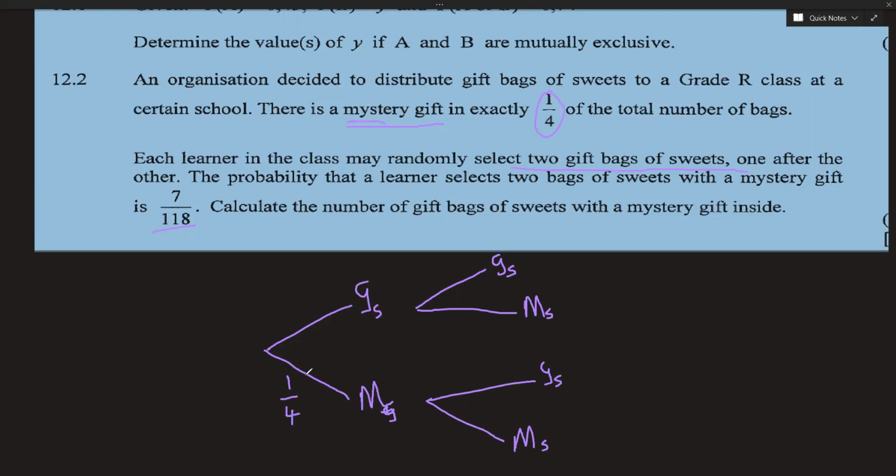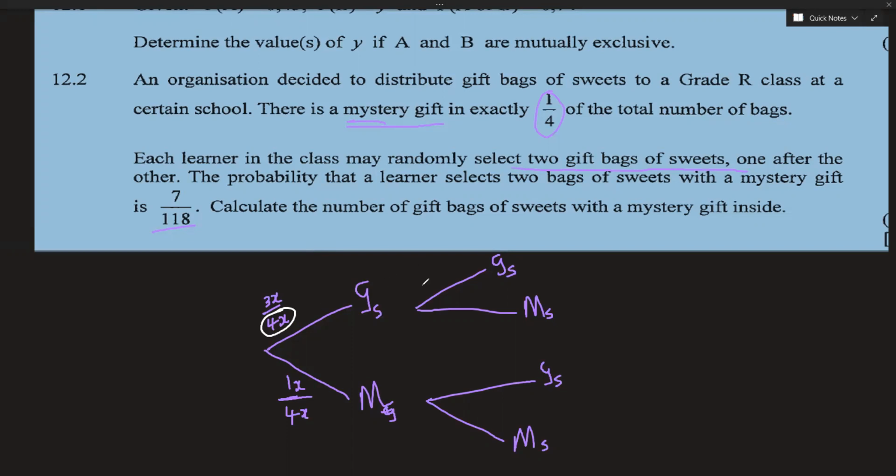For the total probability to be 1, this must be 3/4. But this is already simplified, so I'm going to introduce x, the proportionality constant. Which means the total amount of bags is 4x.